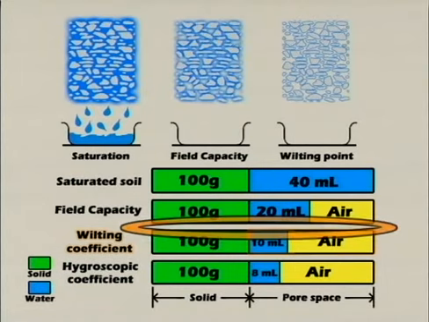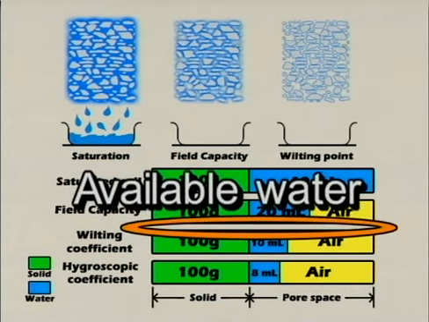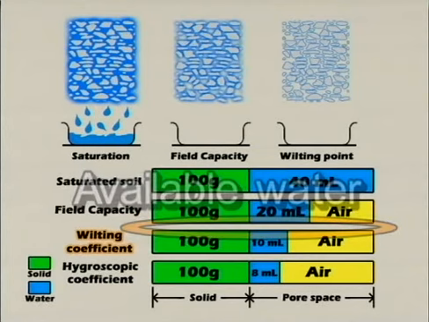So really, between field capacity and the wilting coefficient, this level of water held in here is therefore referred to as available water. Available in that plants can take it up, utilize it for growth, development, transpirational loss, etc., without being significantly damaged as they reach the wilting coefficient.